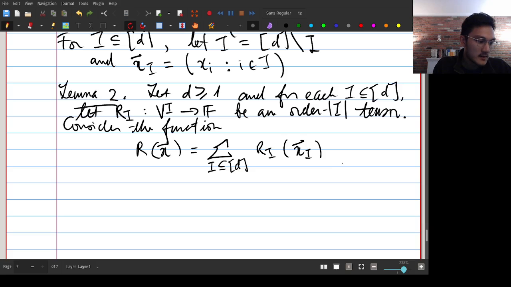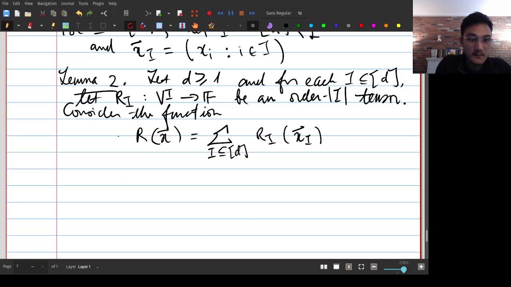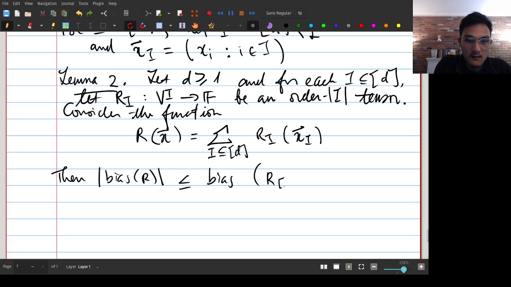Okay, so what are we trying to say? Then the bias of R is less than or equal to the bias of R_D. And this is not a sum.